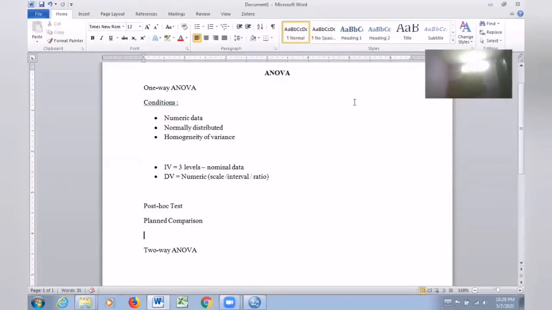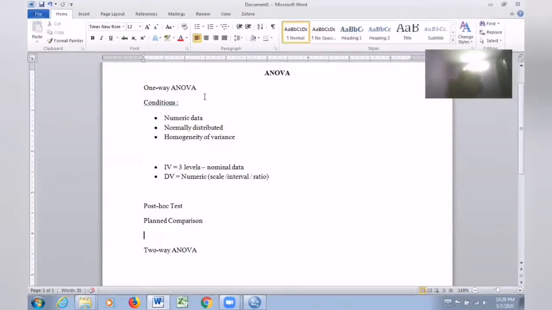Fine. This ANOVA tells you whether there is a significant difference among three or more groups of respondents. For example, if you conduct a test among three groups of professors, assistant professors, associate professors, and professors, in terms of the number of their publications, then ANOVA will tell you whether there is a significant difference among these three groups of respondents.